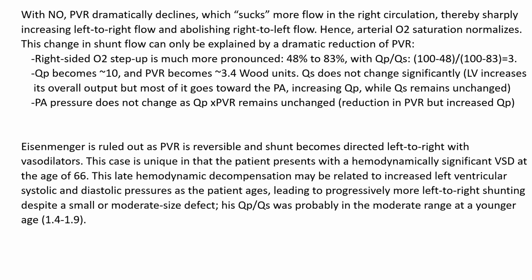But probably it's one of those rare cases where that VSD was all his life 1.3, 1.6, in the moderate range. Then as he ages and develops diastolic dysfunction, he starts shunting more across the VSD as the LV pressure rises or as he develops hypertension. So you start having more shunt from the left to the right, and that VSD becomes more significant with age. So it's an unusual case, but I do think it's the VSD that's a major culprit in this patient's case, and it should be closed again with careful perioperative management.